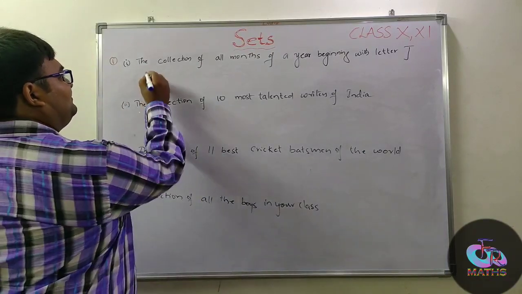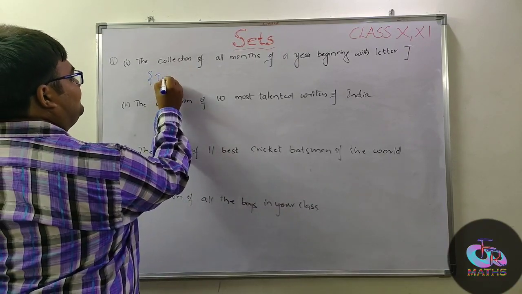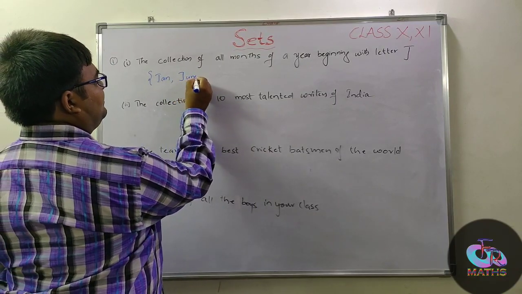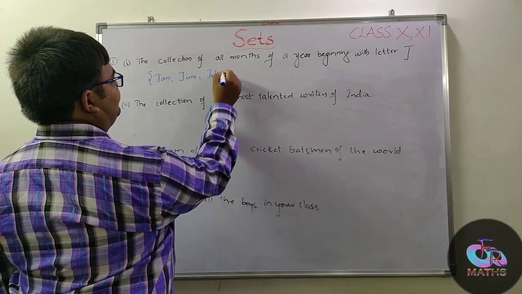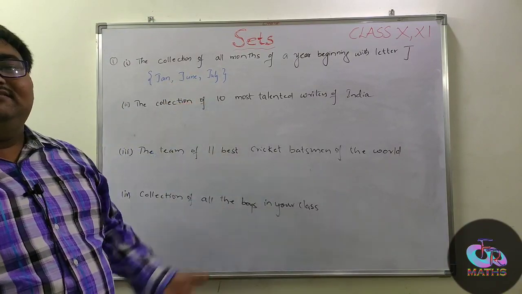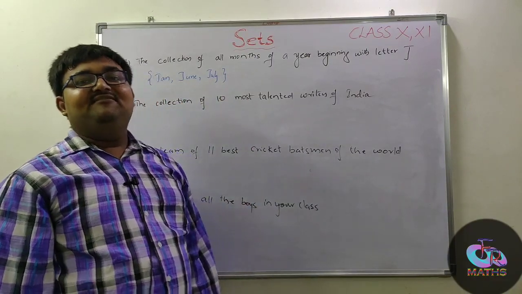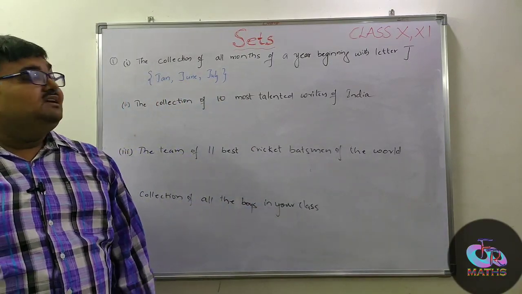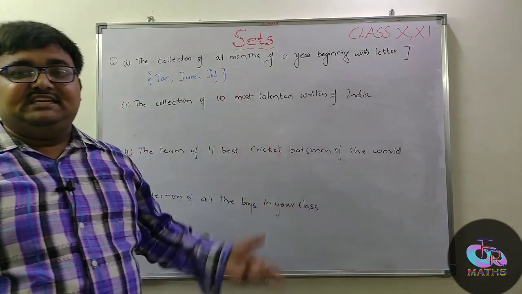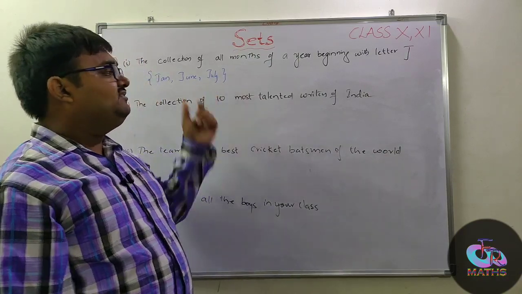Everyone will say the same answer: January, June, July. These are 3 months. So it is a well defined collection. What is the justification here? Everyone will say the same 3 months. That's why it is a set, because it is well defined.